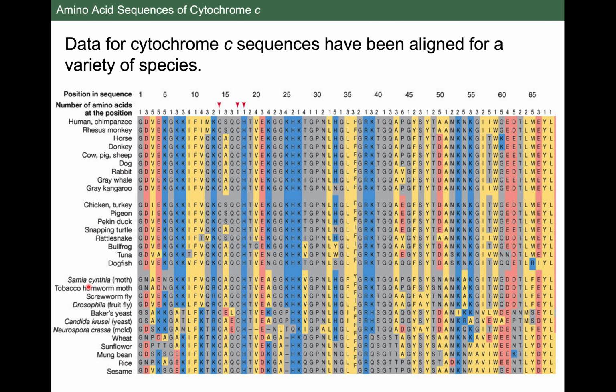And this kind of alignment can be very useful if you're a researcher studying this particular protein, because when we do this comparison across lots of different types of organisms, we may be able to identify certain parts of the protein, certain amino acids that just never change, right?